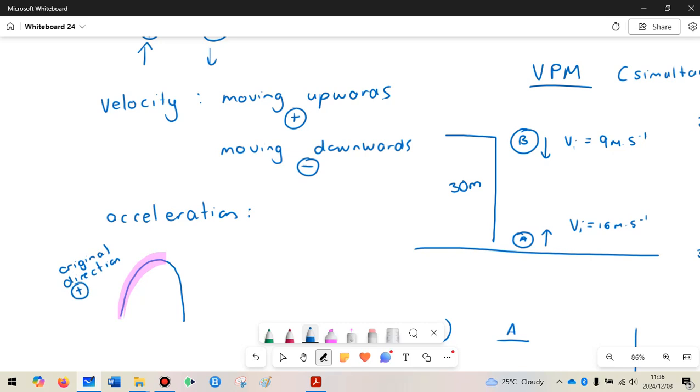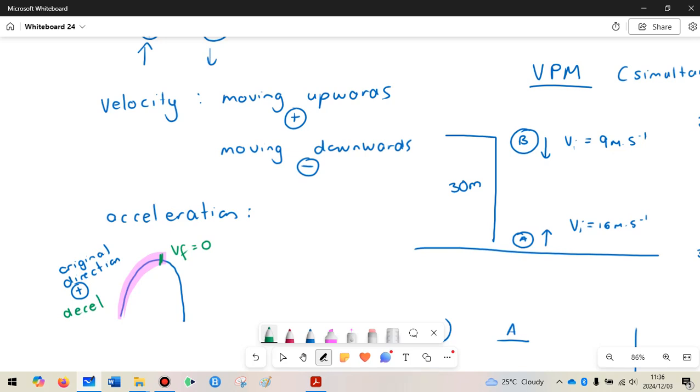Then you're looking at whether it's accelerating or decelerating on its way up. This ball is going to go slower and slower, and eventually at the top, the final velocity will be 0. So this object is decelerating.